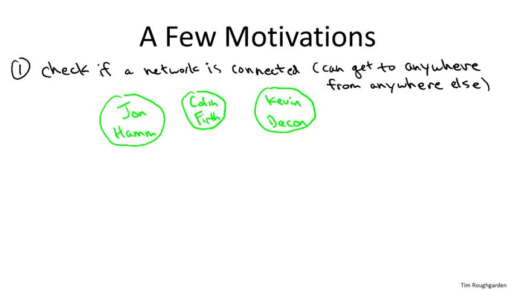You need one intermediate point, namely Colin Firth, and that's because Colin Firth and Kevin Bacon both starred in the Atom Egoyan movie Where the Truth Lies, and Jon Hamm and Colin Firth were both in the movie A Single Man. So that would give Jon Hamm a Bacon number of 2. So these are the kind of questions you can ask about connectivity, not just in physical networks like telephone and telecommunication networks, but also logical networks about pairwise relationships between objects more generally.